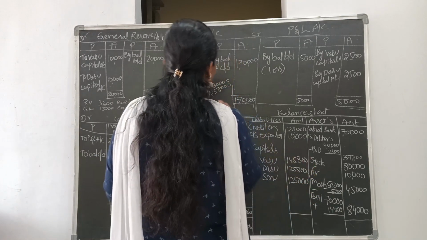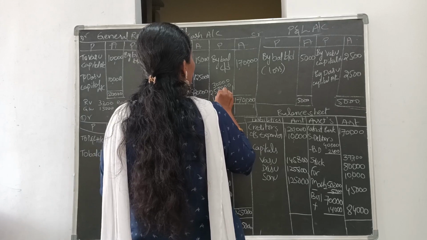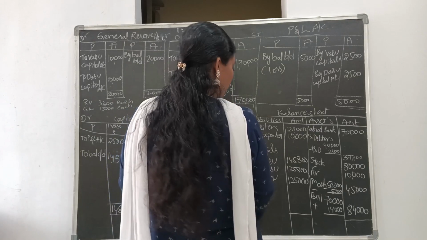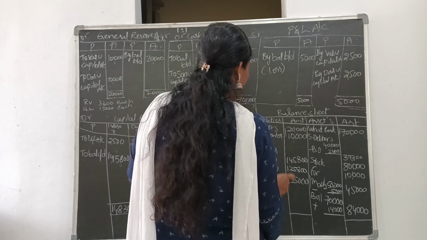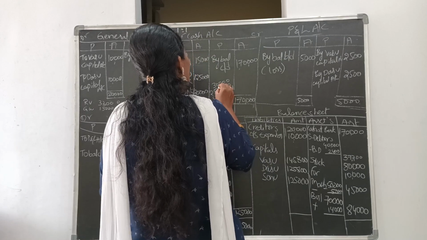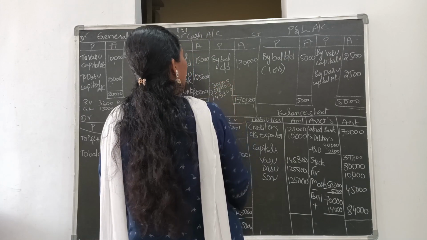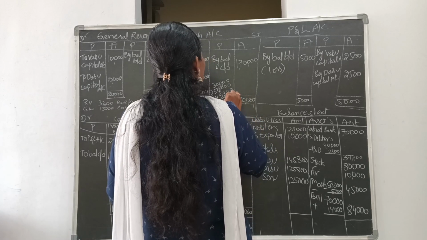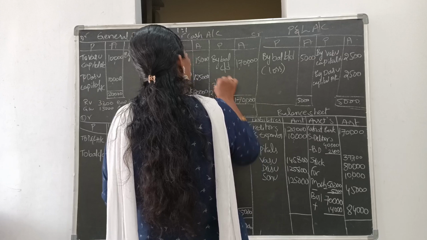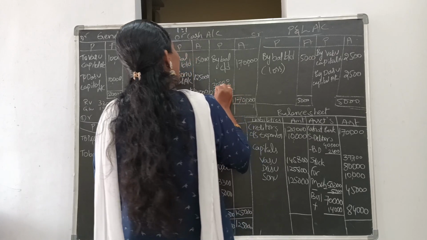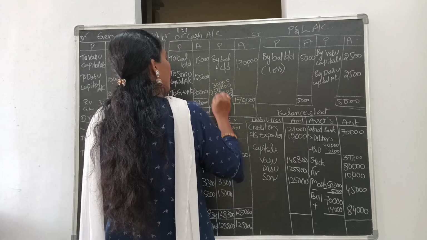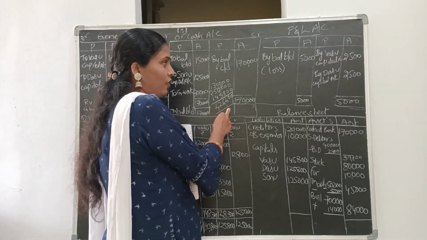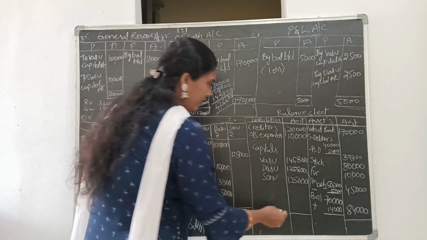So 1,45,800. 2,50,800 here. So now make the totals. 4,26,600 is on the liability side.